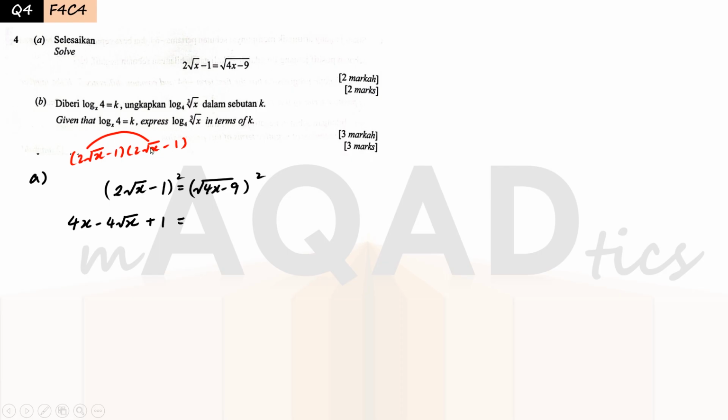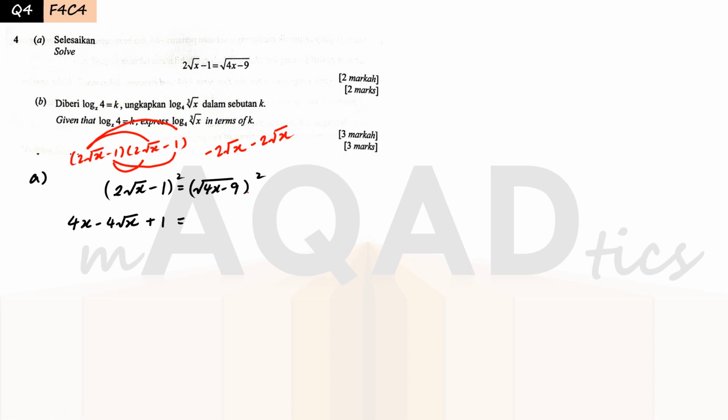And then here we need to multiply this value with this, so it's negative 2 square root x, and this value with this value will be negative 2 square root x. So you add them up together, it will be negative 4 square root x. Then later on we need to multiply negative 1 with negative 1, so here it's positive 1. Just in case you're not sure how to cross multiply this.